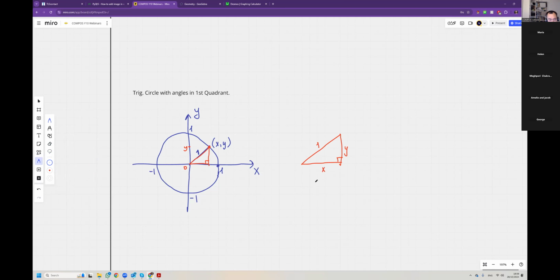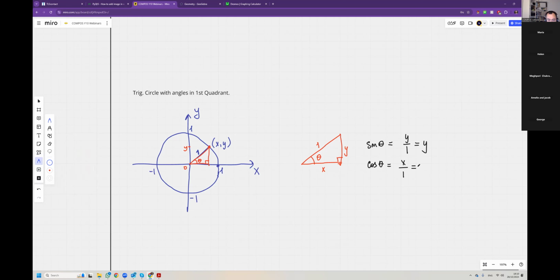And this side is going to be x. And if I take this angle, theta, then I can write down sine theta is opposite over hypotenuse. So it's y divided by 1, which is just y. And cosine theta is going to be adjacent, x divided by 1, is equal to x.